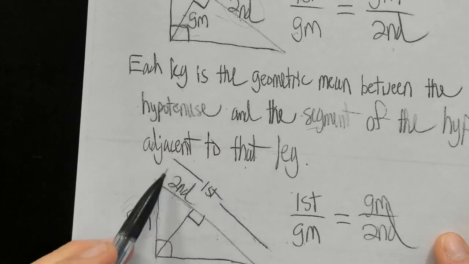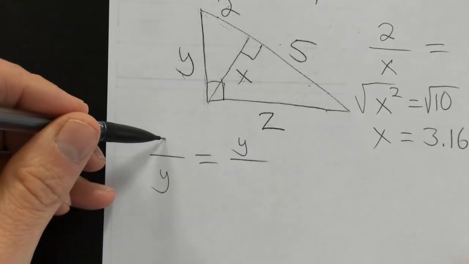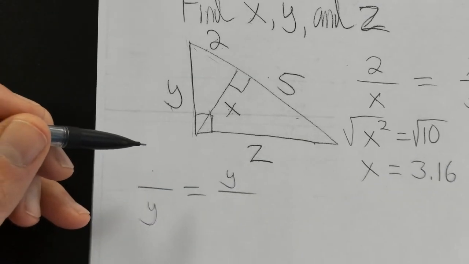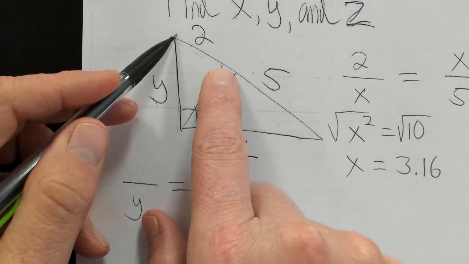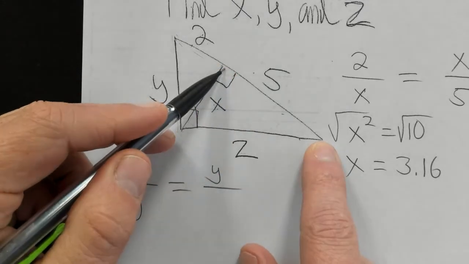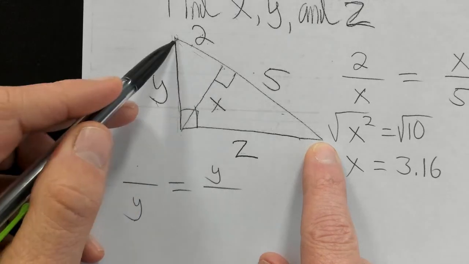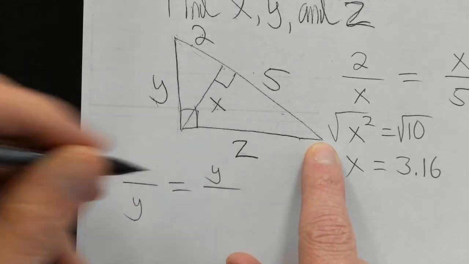Now, what's the rest of the theorem? The first number is the entire hypotenuse. So this first blank that I need to put in should be the entire hypotenuse. Now, is the entire hypotenuse 2 or 5? The answer is neither one. The entire hypotenuse is 2 plus 5, which makes 7.